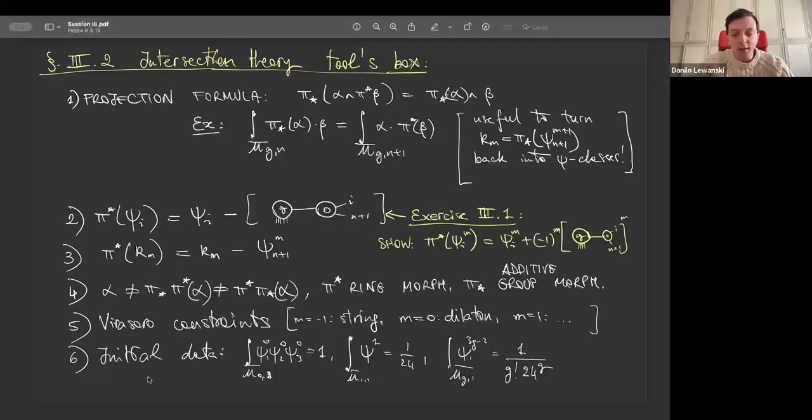Then we have some considerations about pullbacks, push forwards, VSL constraints, and some initial data that you need to know, because using string, dilaton and other equations, you may reduce yourself to the case in which n is equal to 1 or the genus is 0. And then when you have reduced everything you could reduce, at the end you need to use some initial data to finalize the computation.